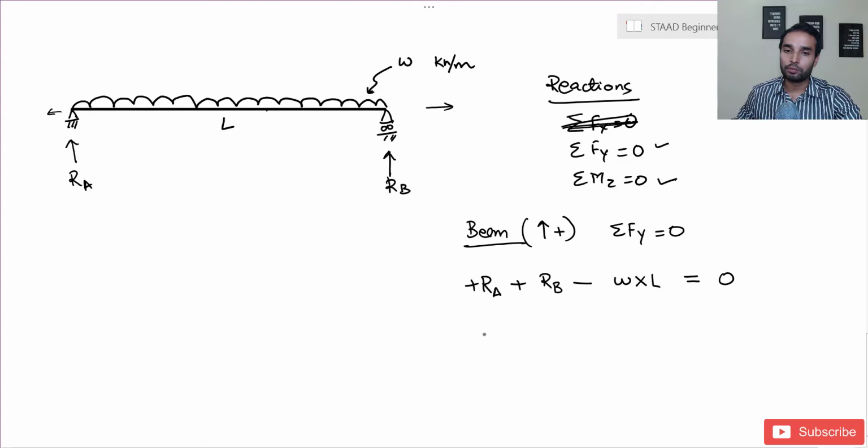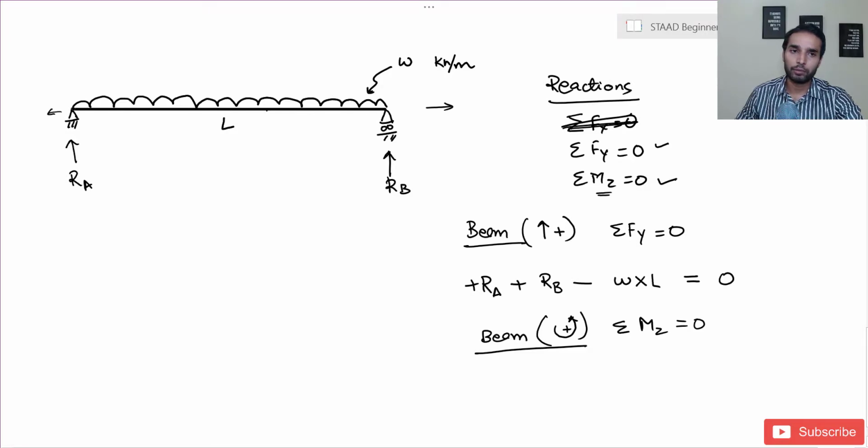Now if I talk about the beam again, and I'm using the moment command, I'm taking anti-clockwise to be positive this time, taking ΣMz as 0. So I'll take up any point. For example, if I take the rotation about this point, RA does not have any moment to create.